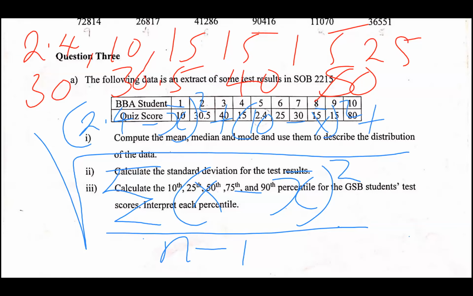Then divide by n minus 1, which is 10 minus 1, then take the square root.